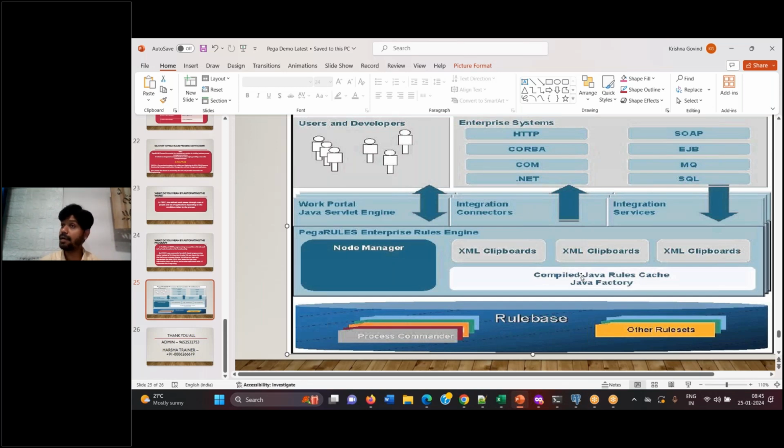Next important point, XML clipboards. What is that? Clipboard means nothing. It's like a notice board, right? What will be there on a notice board? Content. An XML clipboard is something which will have XML content.